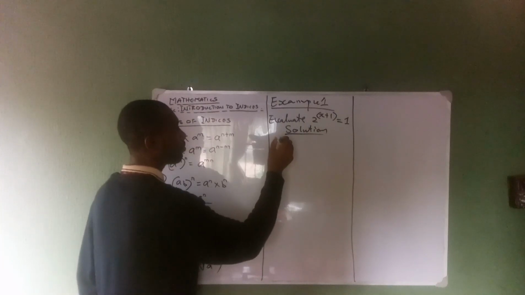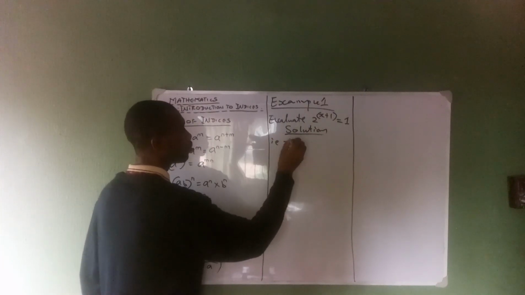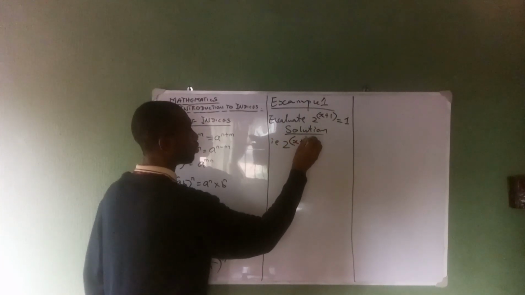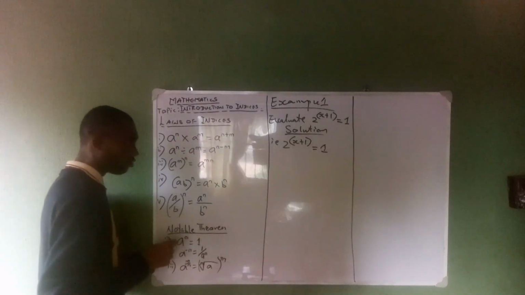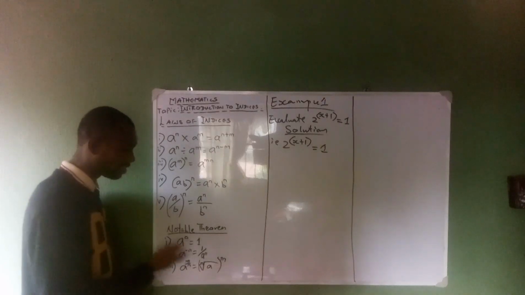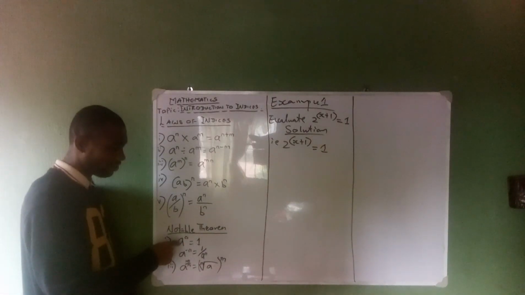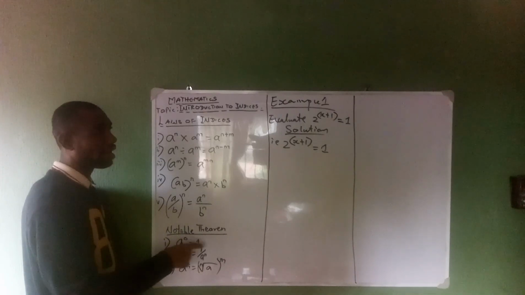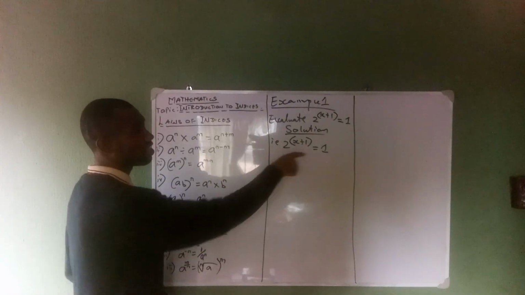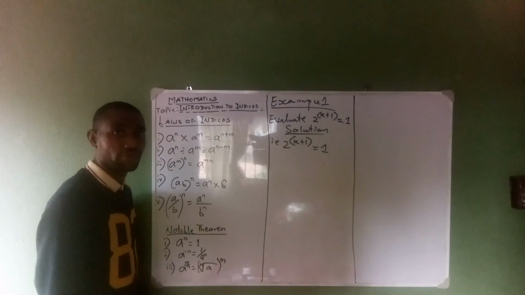If we have 2^(x+1) = 1, let us remember in our basic theorem that a raised to the power of 0 is equal to 1. And if you watch here, this 2 that is being used here is a prime number.